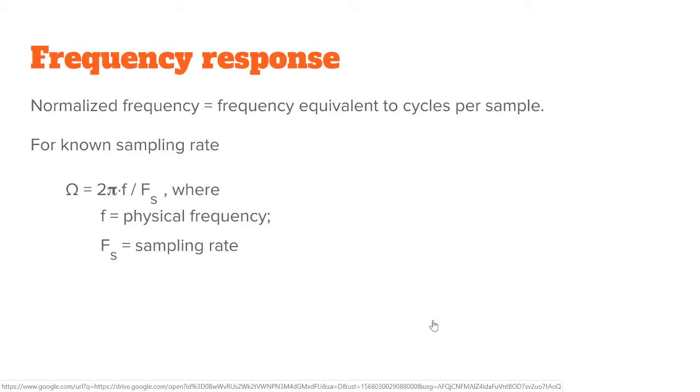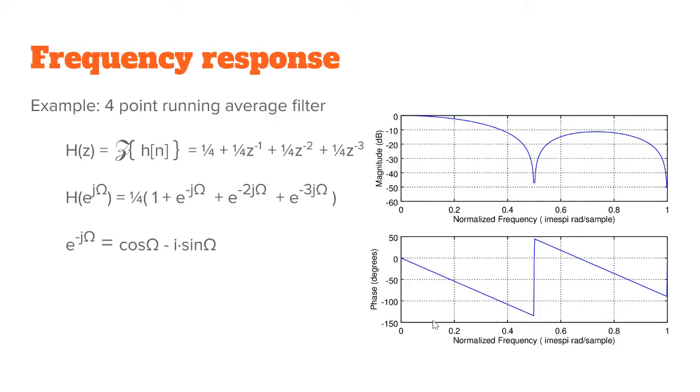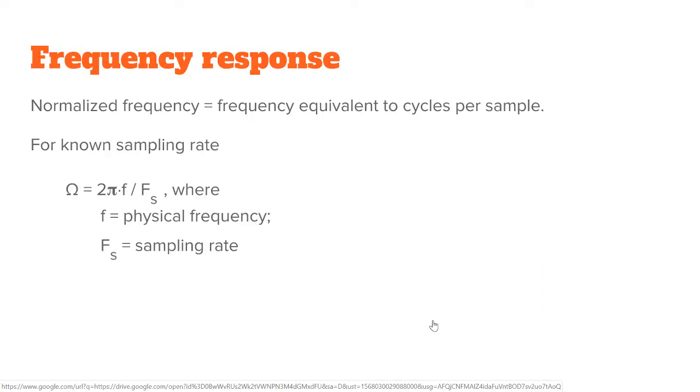But first, about that frequency, yes, this omega is the normalized frequency. And basically, if we know the sampling rate, then it's simply, if you remember, an angle of 2 pi means a full circle.